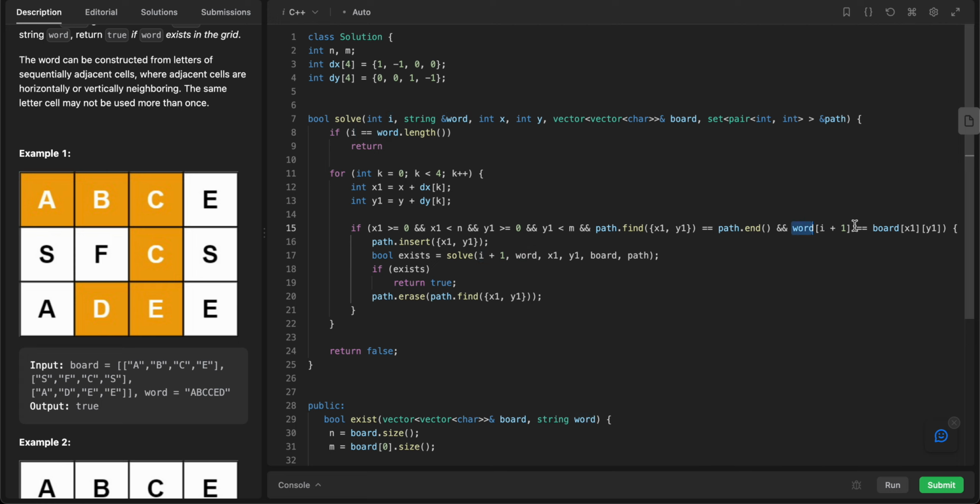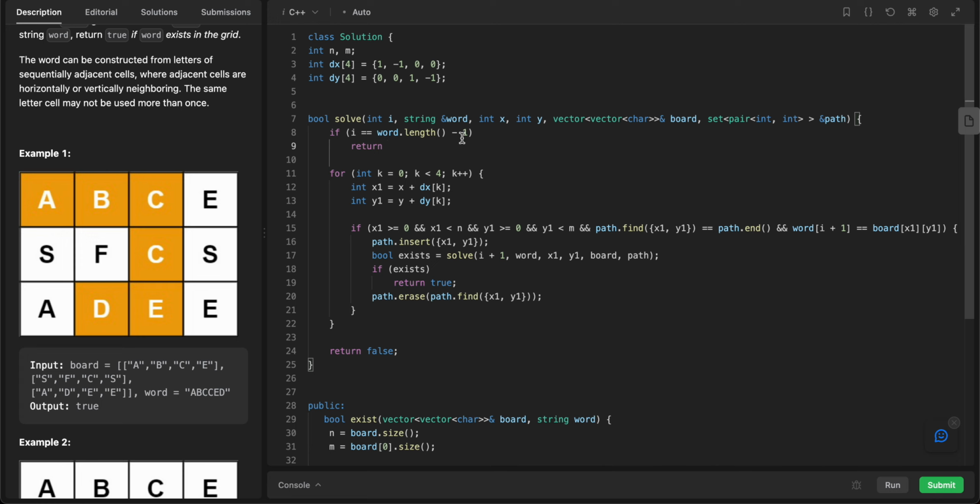So word, so I is equal to word.length - 1, so if I am at the last character, that means at the last character it was equal, it is equal to -1.